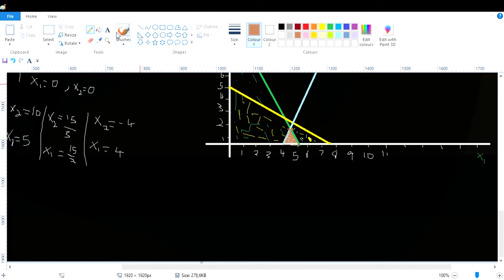We are going to solve x sub 1 and x sub 2 simultaneously. Remember, at this point the blue line and the green line are equal.